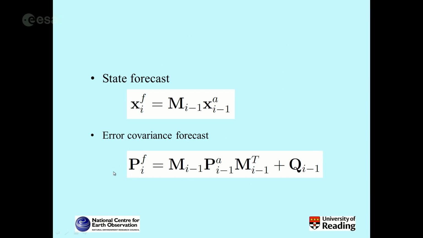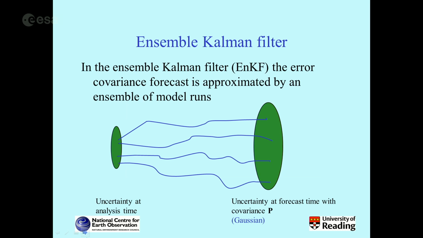But we can use this as the basis to design other things. And that's where the Ensemble Kalman filter comes in. We're going to approximate this step, but instead of doing our 1 million runs of the model, we're going to do a few runs of the model, a few what we call ensemble members. We're going to sample from this PA, run those forward, and take the covariance of our sample forecast, and they will approximate this PF matrix.